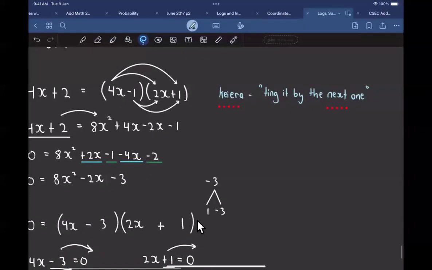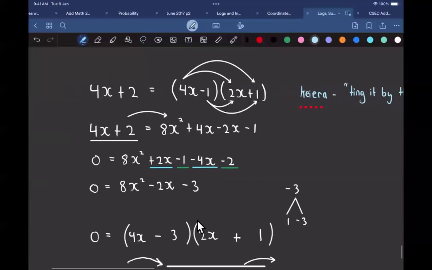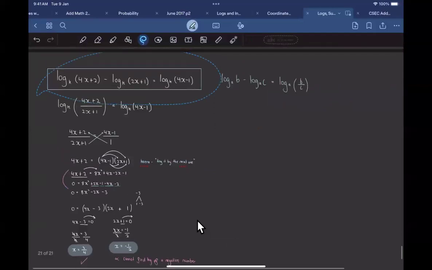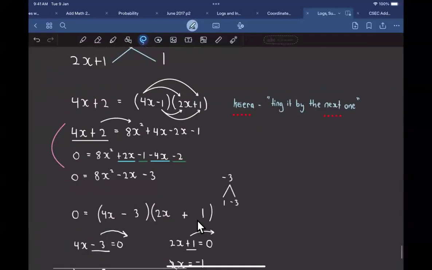So you guys had to watch out for this step over here. You could plug this question into your Casio and it would solve the whole question for you, just give it the values. So watch out for this line here, guys.